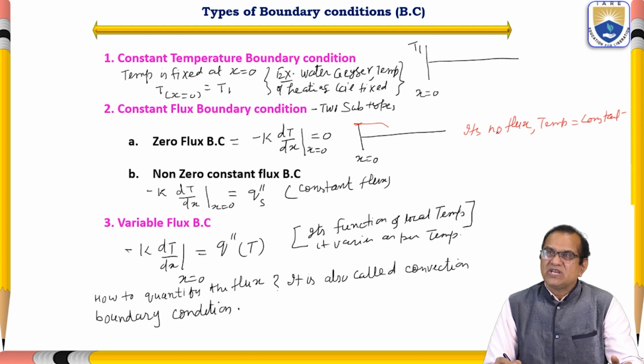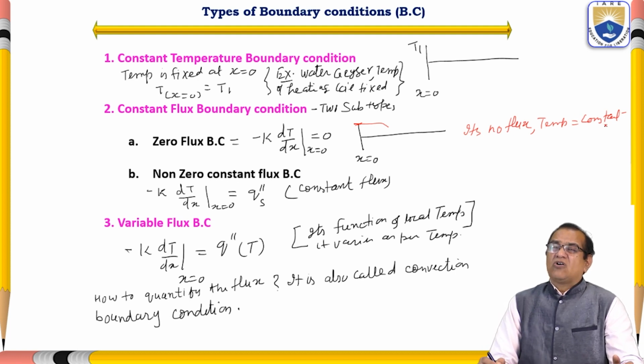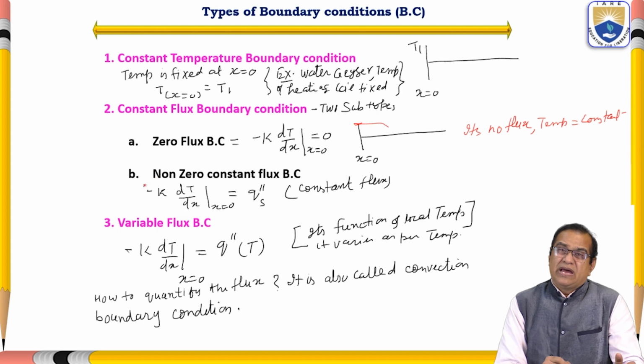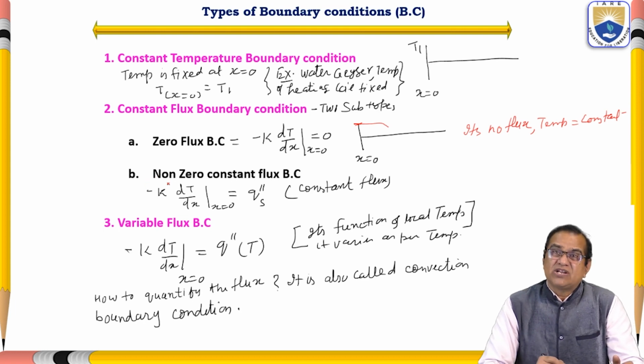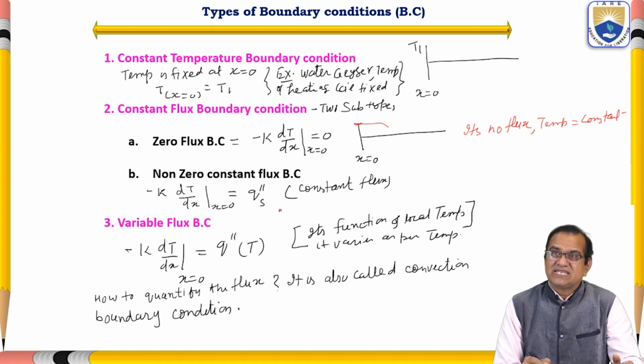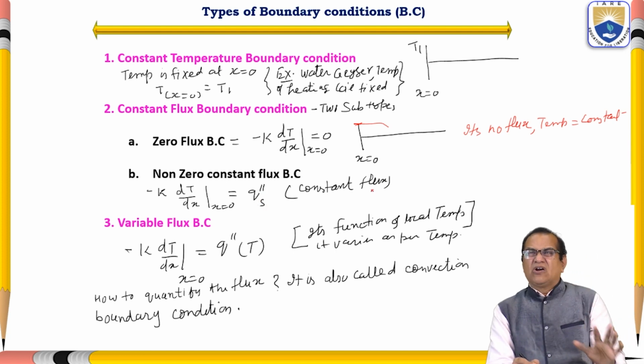Here there is no flux, the temperature is constant, so dT will be 0. Next is the non-zero constant flux boundary condition: minus k dT by dx at x is equal to 0 is equal to q double prime s. The flux is a constant.